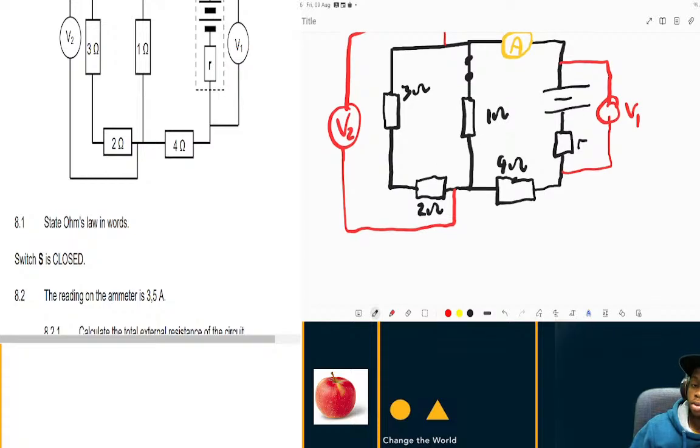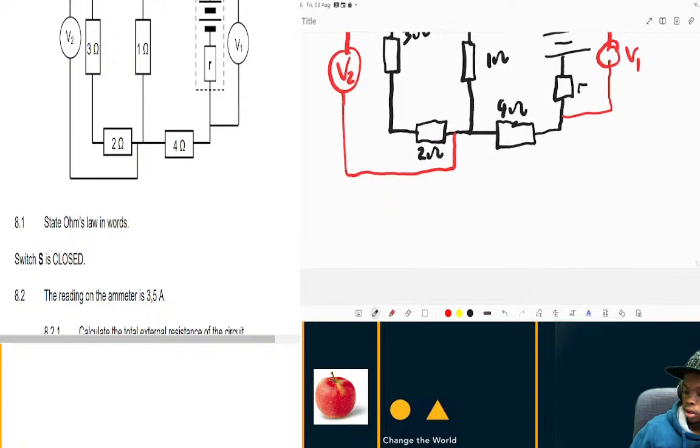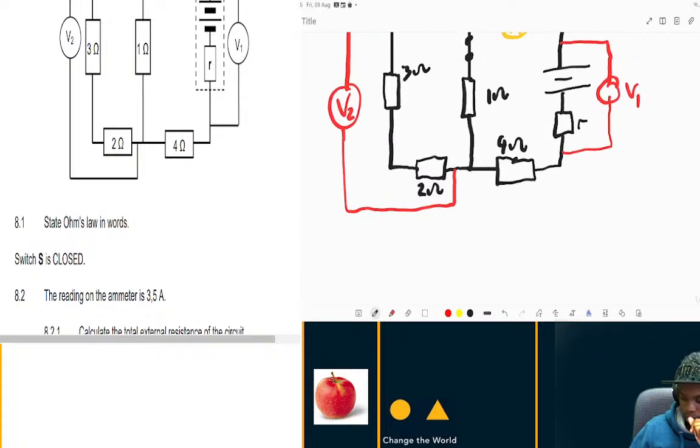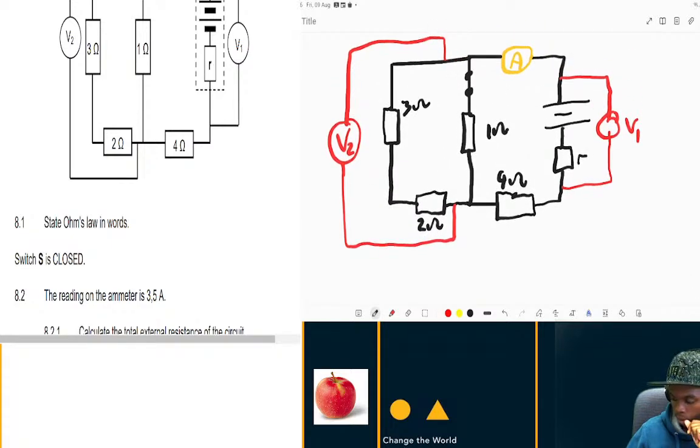That's because they're not sharing the same current. So let's start with what we know. R series, it's in series, will equal the 3 ohm resistor plus the 2 ohm resistor, which gives a total resistance of 5 ohms.